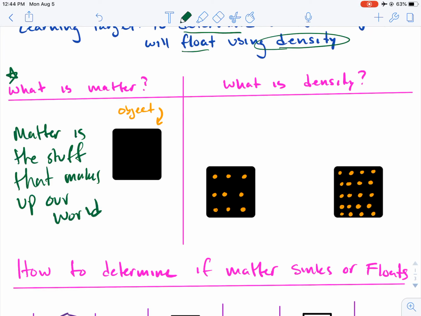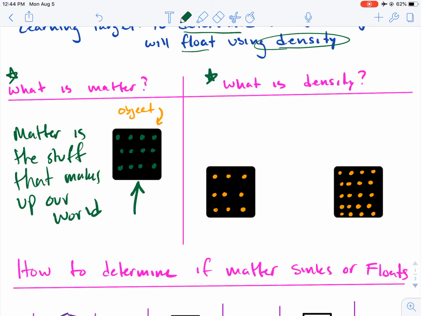And remember that matter is not a solid object. So if we look at this box right here, a cube, it's not a solid cube, but instead is made up of many, many little particles tightly packed together that actually come together and make our cube. So that is what matter is.